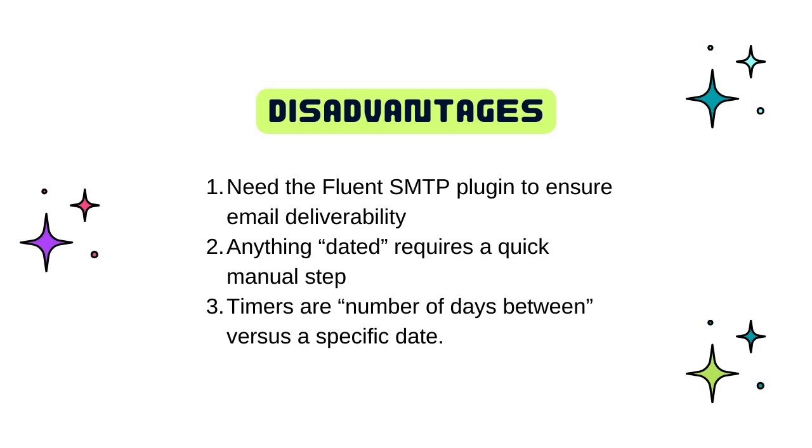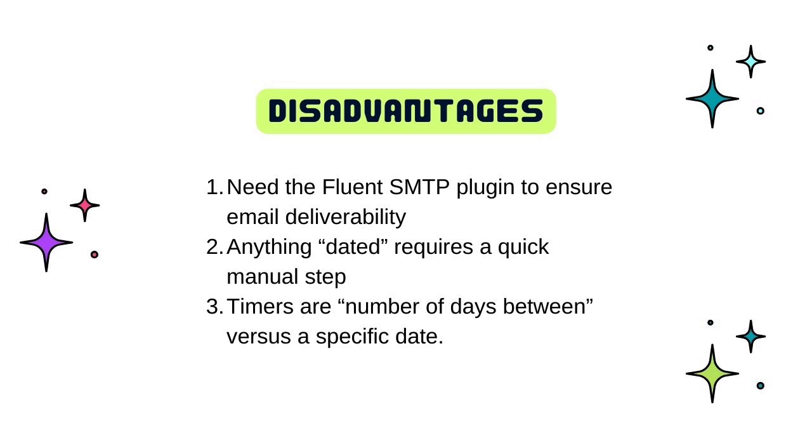Another disadvantage is anything that is dated requires a quick manual step. So in today's workshop, I'm going to show the flow of delivering a course as an offering where you're in a cohort and everyone starts together on the same day. So I will show this quick manual step in order to kick off the release of your offering.